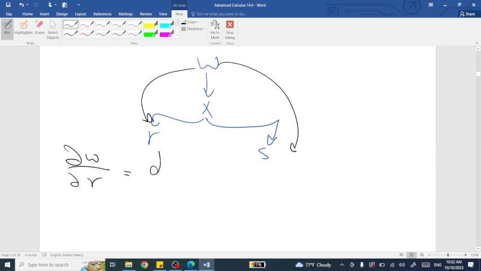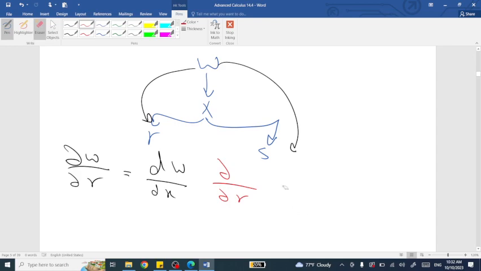Now my W is dW over dx, or partial W over partial x? dW, you are right here. I don't have anything else. Okay. X is dx over dr or partial x over partial r? Partial, right? So now you know.